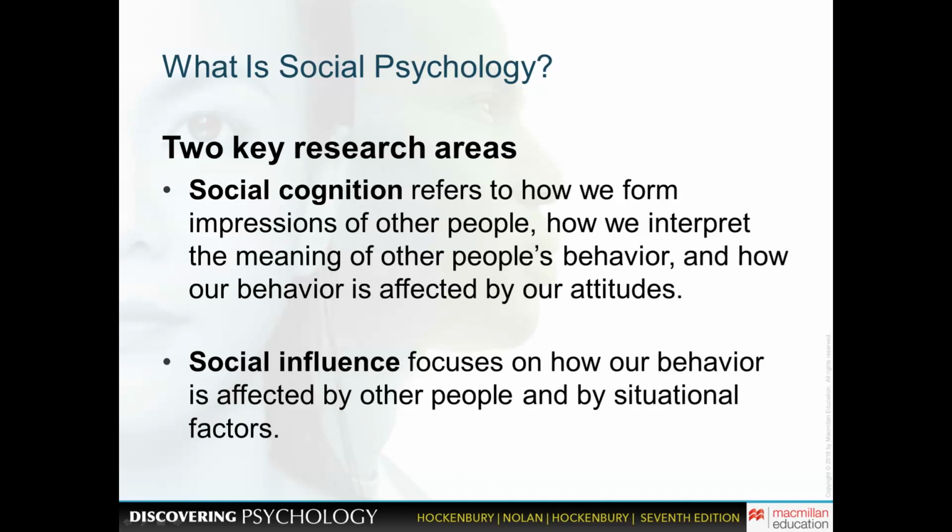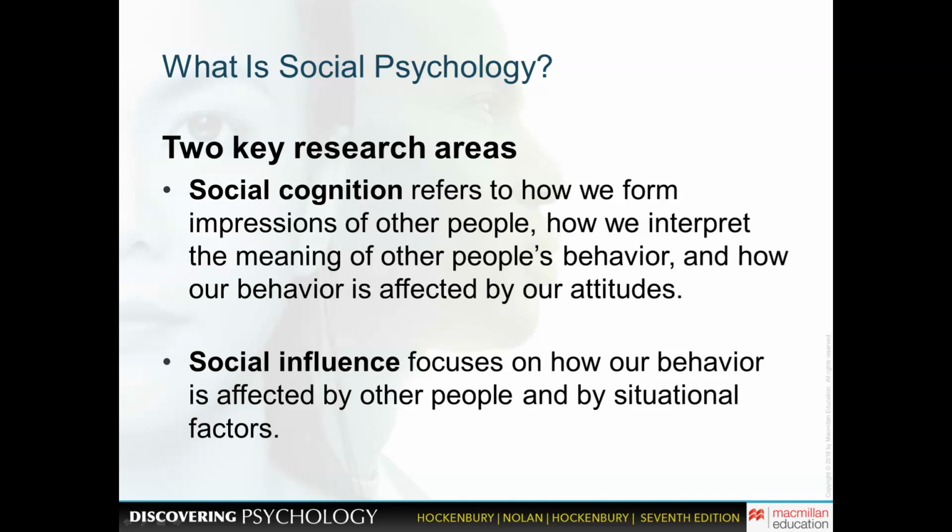The other key research area that we want to be aware of is what's known as social influence. Basically, that's when we are more focused on how our behavior is affected by other people and by situational factors.